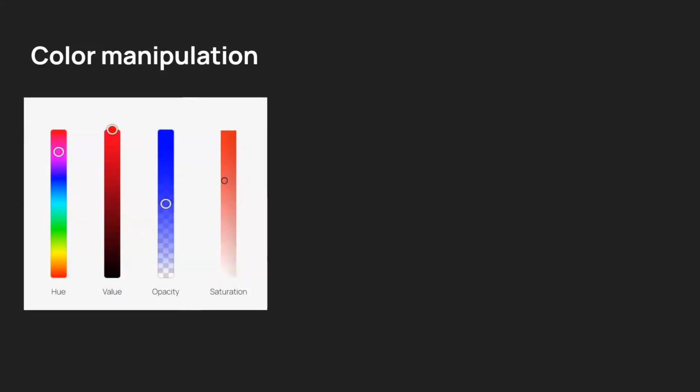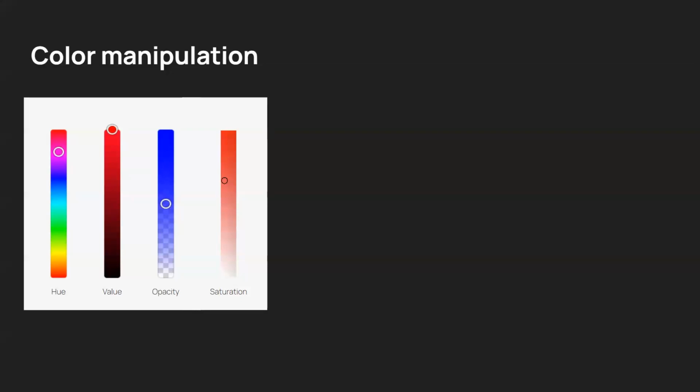All right, so you know the colors now. So how would you, I guess, manipulate them? So here are 4 sliders I put. Hue, value, opacity, saturation. Right now, I don't think opacity is important since it only deals with transparency, and right now we're trying to see how to change what the color looks like.